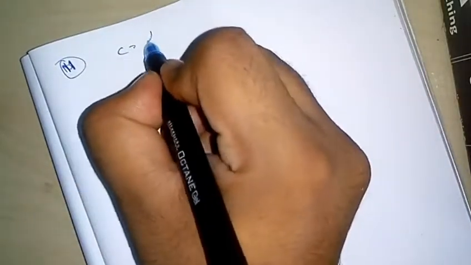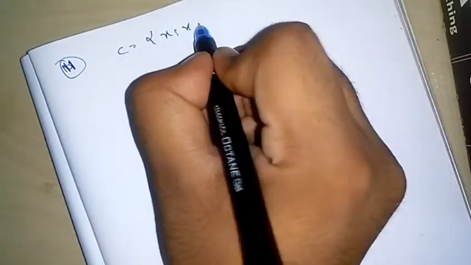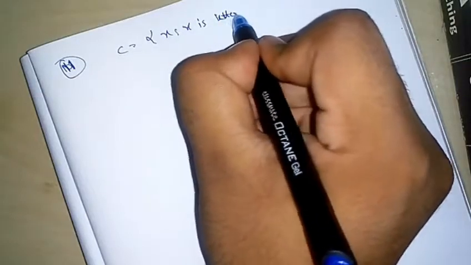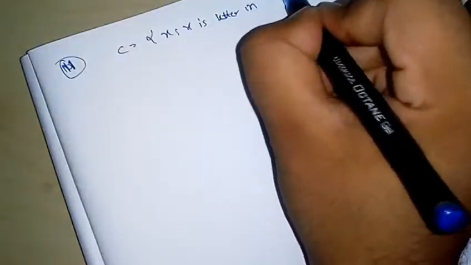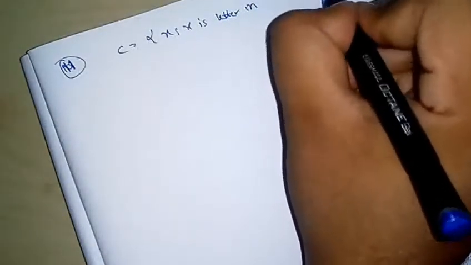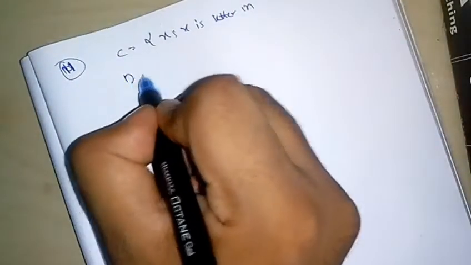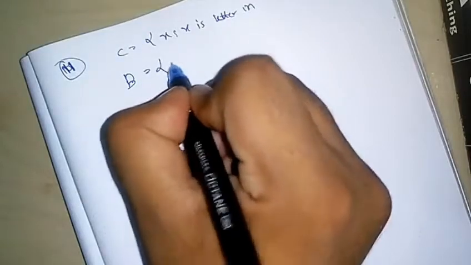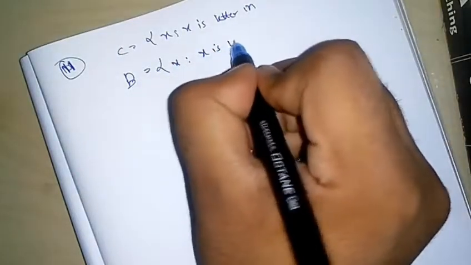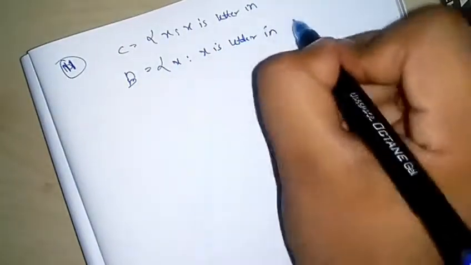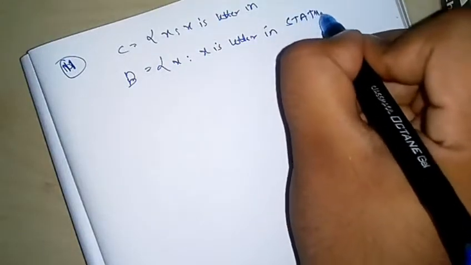Next, question 11. Show that sets C and B are equal. C is equal to {x such that x is a letter in assassination} and B is equal to {x such that x is a letter in station}.